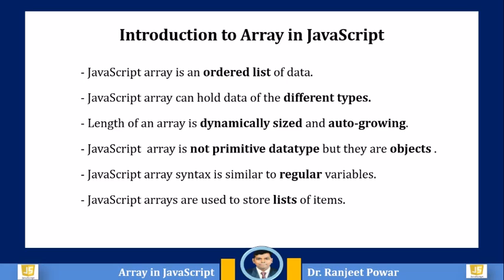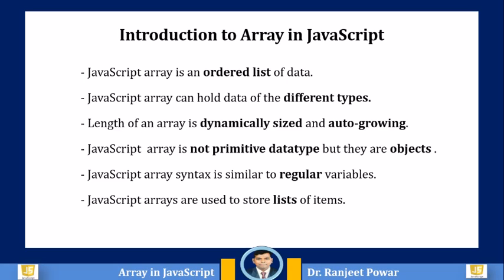JavaScript arrays can store any valid value, including strings, numbers, objects, functions, and even other arrays, thus making it possible to create more complex data structures such as an array of objects or an array of arrays.